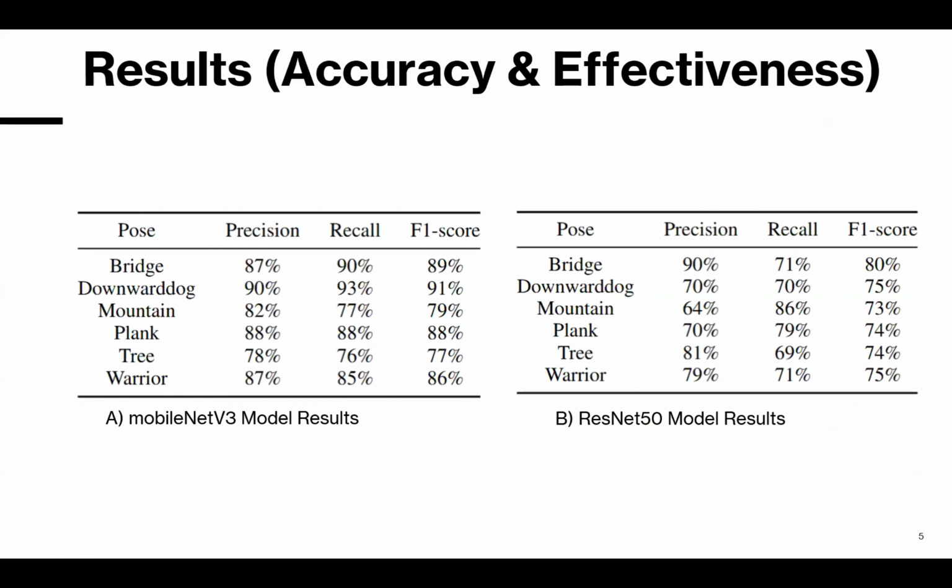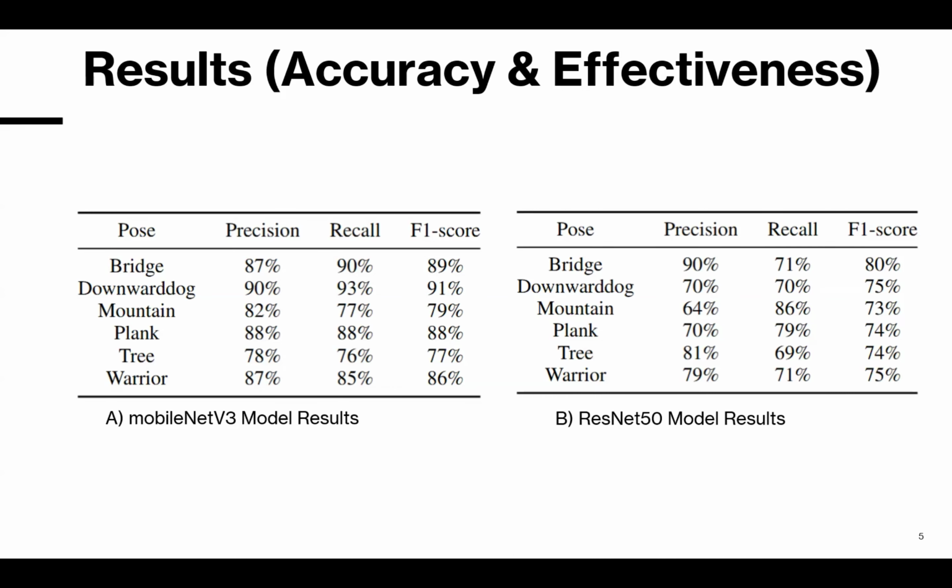Now, moving forward to our results, the model in comparison to the other common model, which is ResNet 50. Our model successfully achieved an overall 87% accuracy on our test set, and we tested our model against the ResNet 50 model.